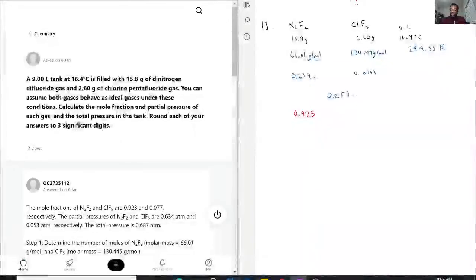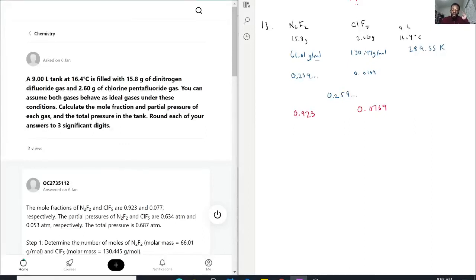And now for the other one, we're going to have 0.199 divided by that total we found, and we get, to 3 significant digits, 0.0769.